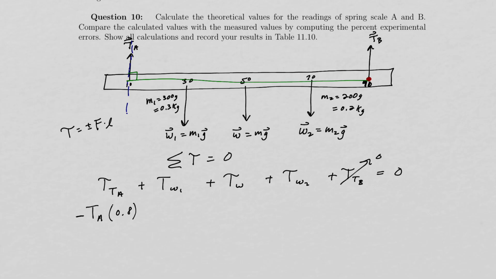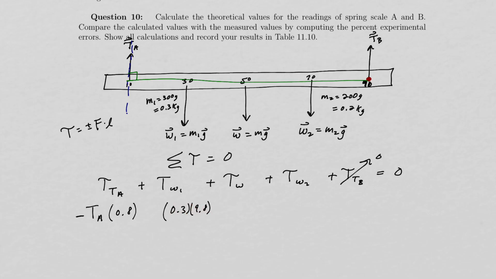Then the torque due to weight 1 is going to be the weight, which is 0.3 times 9.8. So here I had to multiply. You have to be a little careful, right? The tension was already a force. That's my unknown. I didn't have to multiply by 9.8. But here I want the force, which is the weight, and I was given the mass, so I have to multiply by 9.8 to get the force.